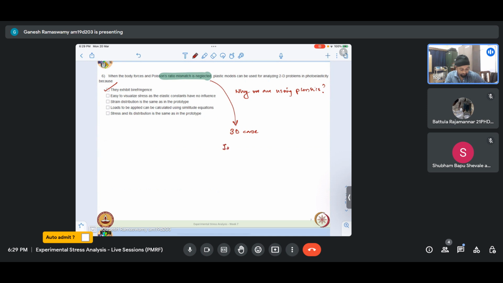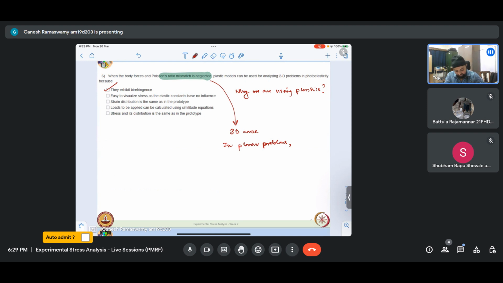In case of planar problems, if we have constant body forces also, our equilibrium equations and our compatibility equations will not have the material properties coming into the picture, in which case stresses would essentially be the same irrespective of the material.